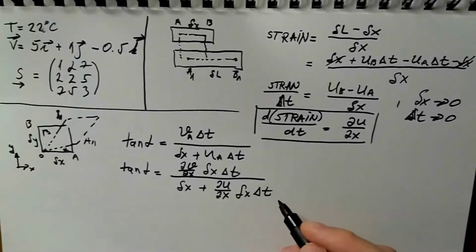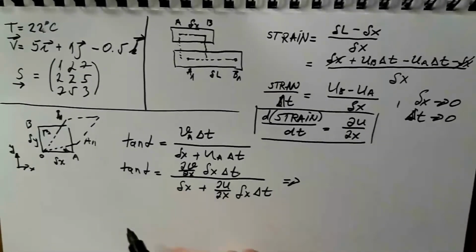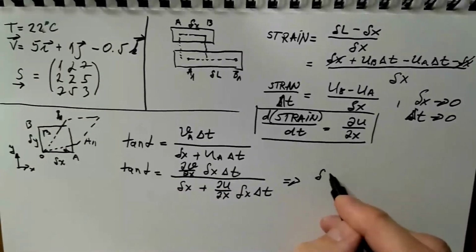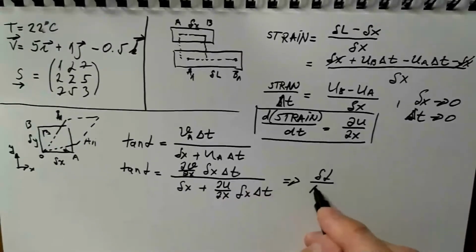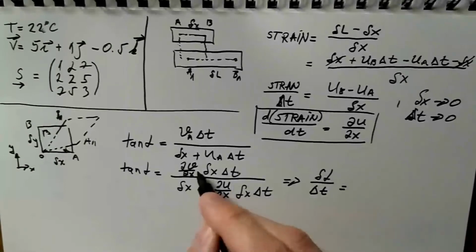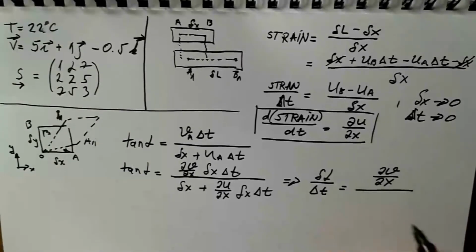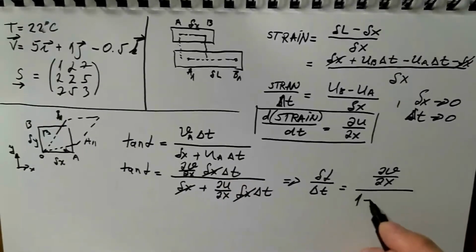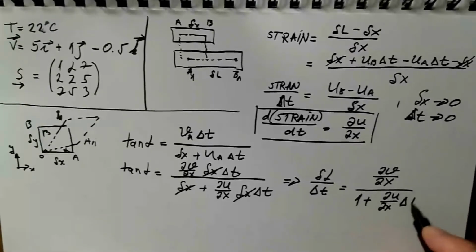Now I also told you that alpha is very small, so tangent alpha is similar to alpha. So this small alpha, let's call it delta alpha. I move t to the other side, and I am left with delta v over delta x, you can see that delta x cancels everywhere, divided by 1 plus delta u over delta x times delta t.